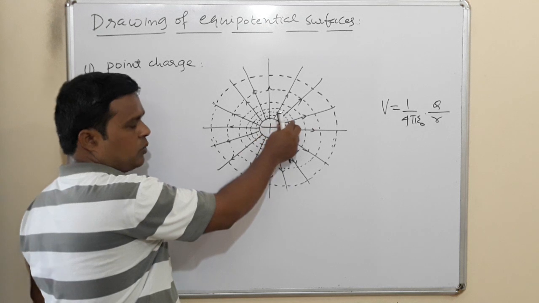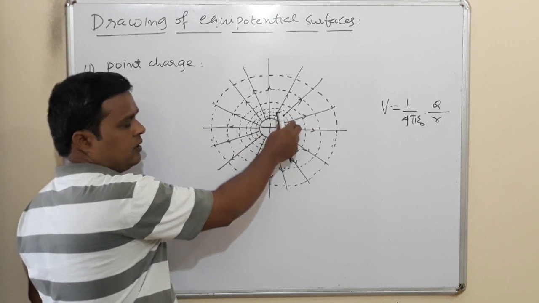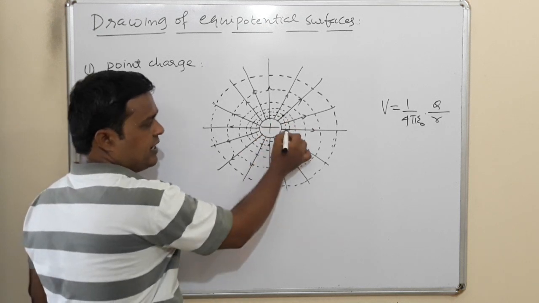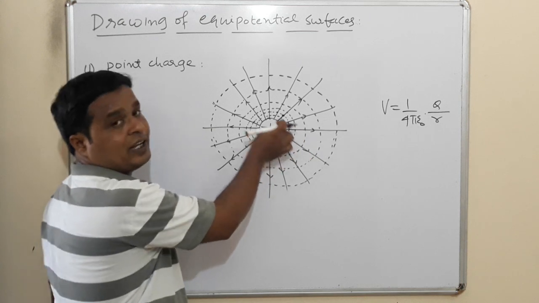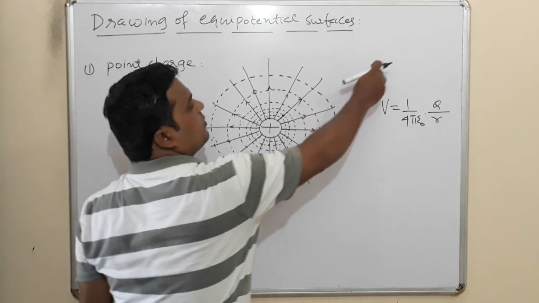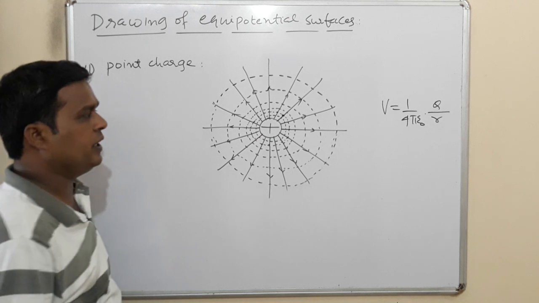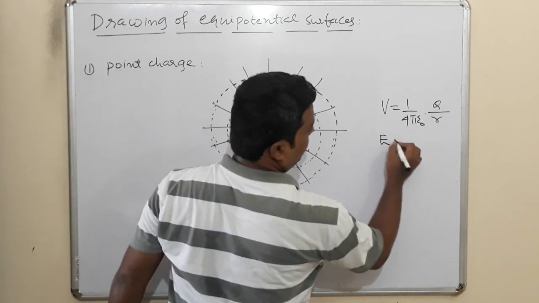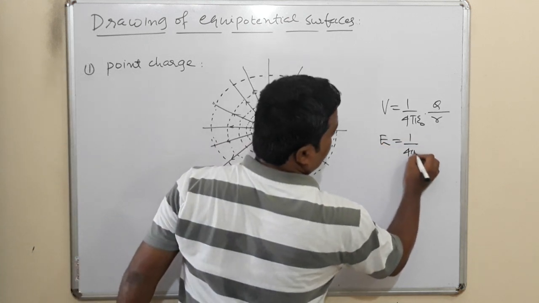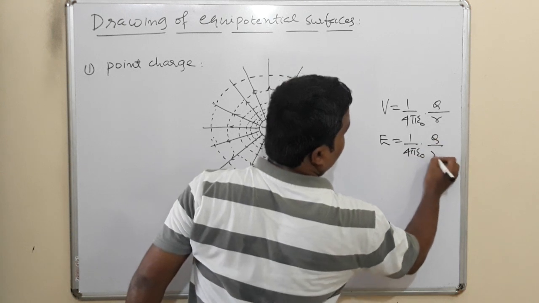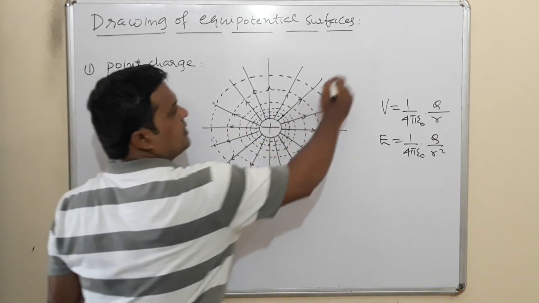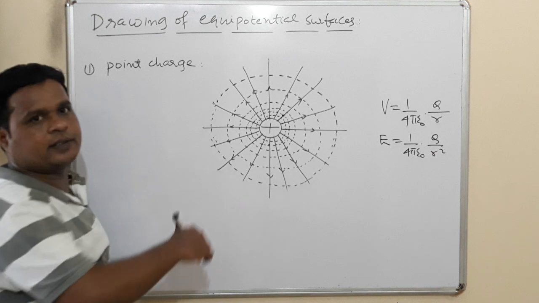That means here the equipotential surfaces are closer, which indicates that closer to the charge we have a strong field, and away from the charge the field goes on becoming weak, because we know that field is equal to 1 by 4 pi epsilon naught Q by R square. As the distance increases, field decreases.